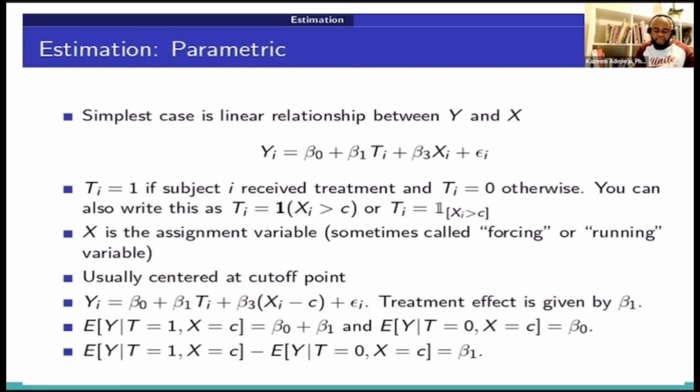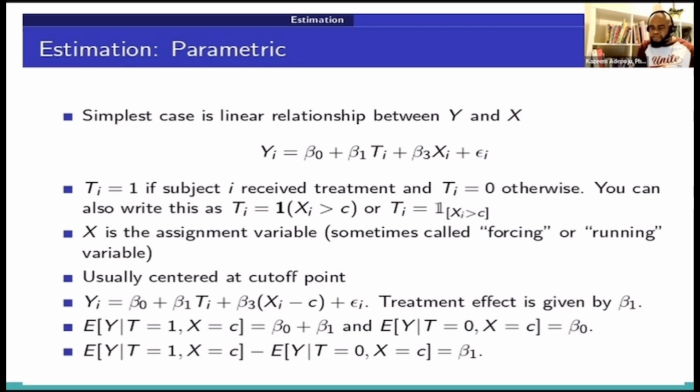You get what I mean? We have a particular threshold that we place on the running variable, and it determines whether a unit or participant will get the treatment or not.